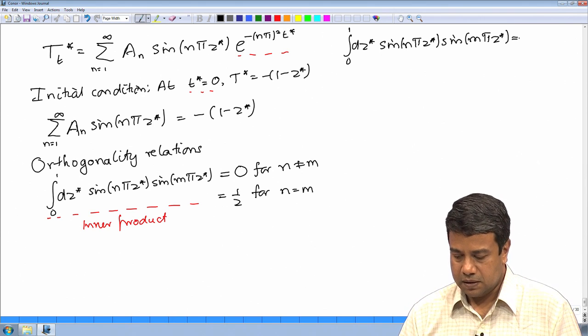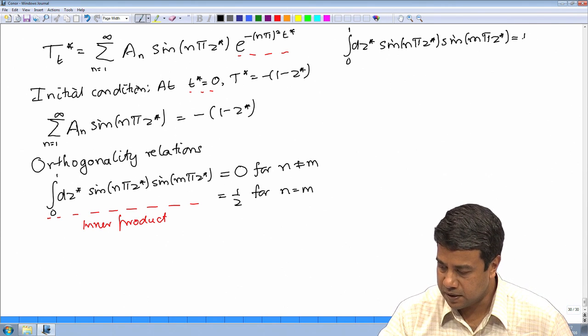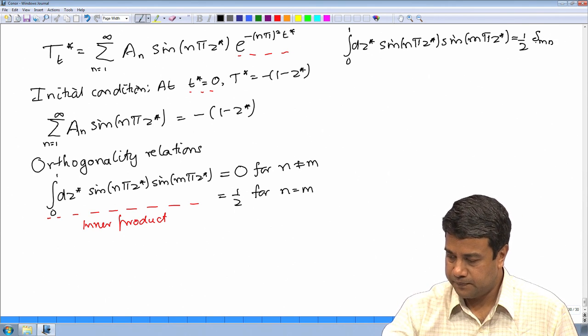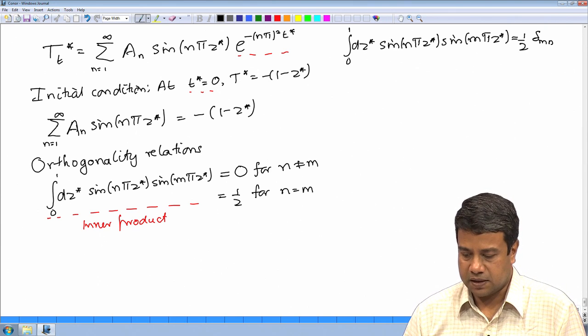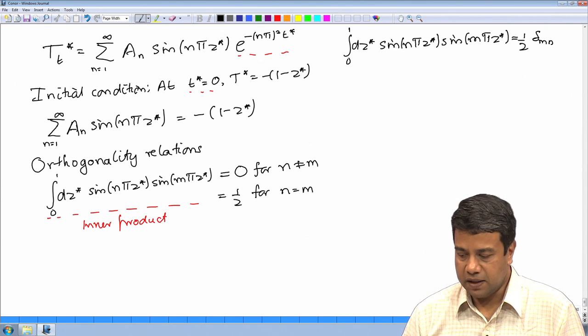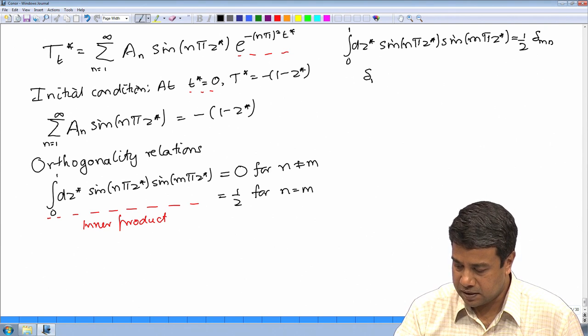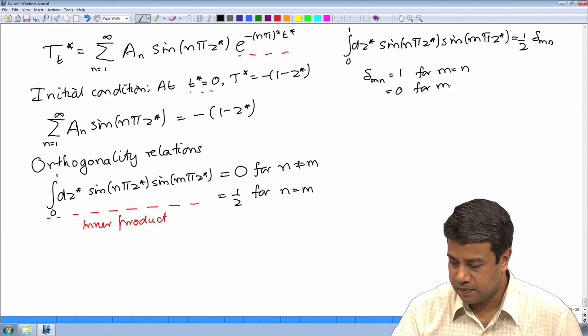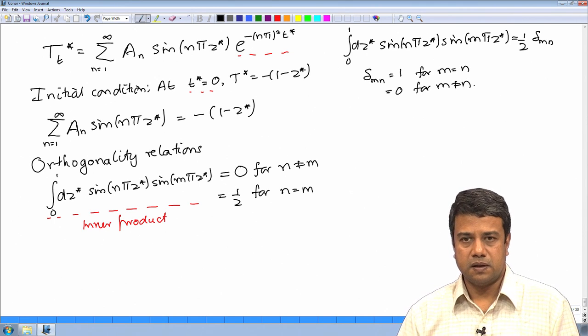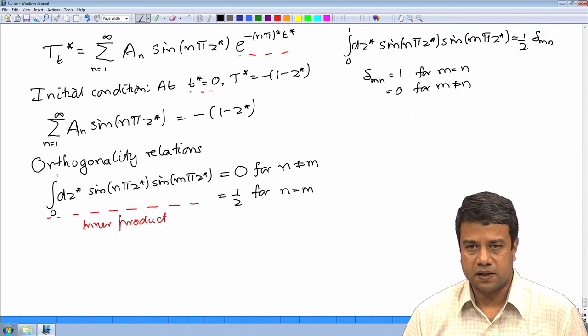I will write this as 1 by 2 times delta m n, where delta m n is equal to 1 for m equal to n and is equal to 0 for m not equal to n. So, this is the meaning of an orthogonality relation.